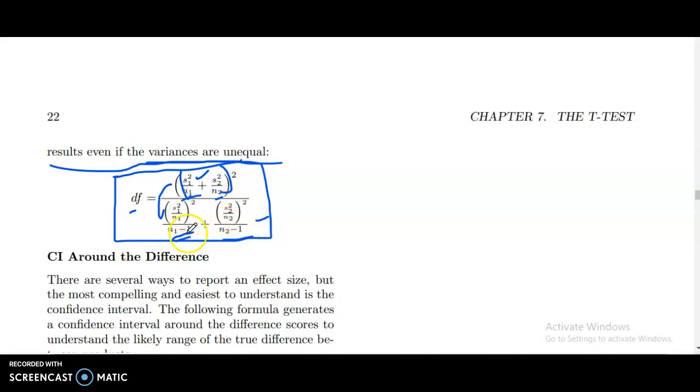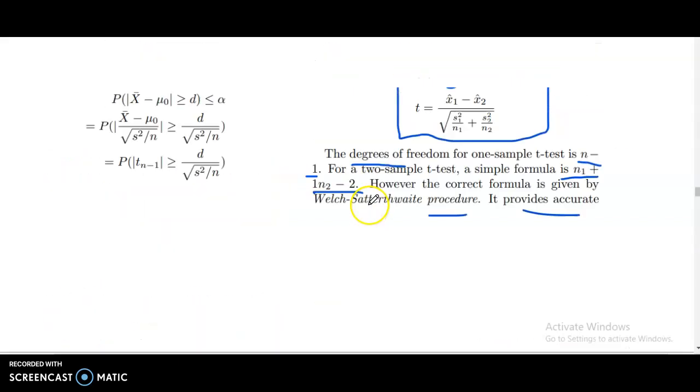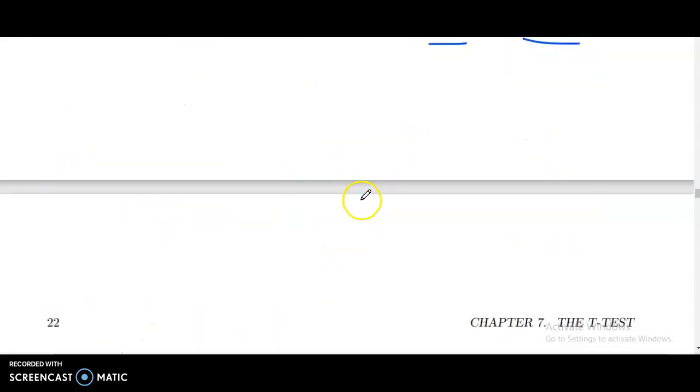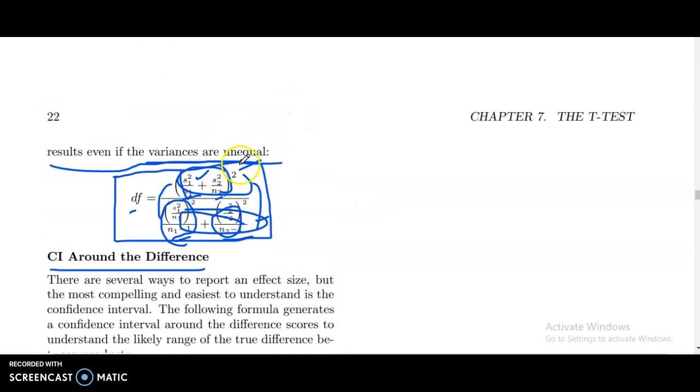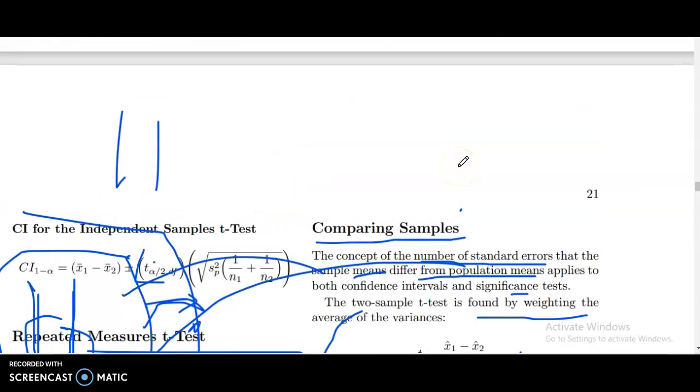Then you get the squared value divided by this value, which gives the degrees of freedom.